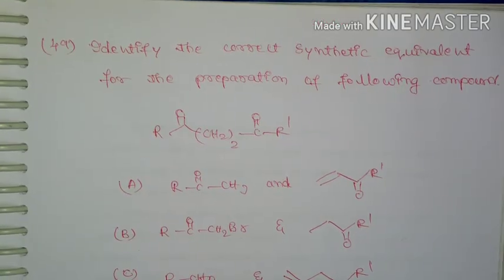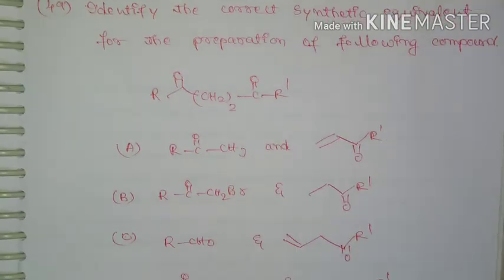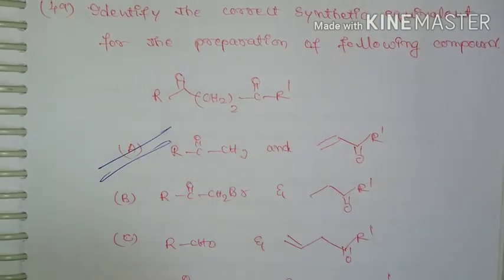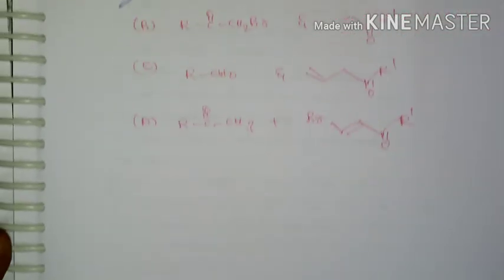Next, the 49th question: identify the correct synthetic equivalent for the preparation of the following compound. This question is based on retrosynthesis. This product can be obtained by reaction of this compound with an alpha beta unsaturated carbonyl compound, and it is an example of the Michael addition reaction.